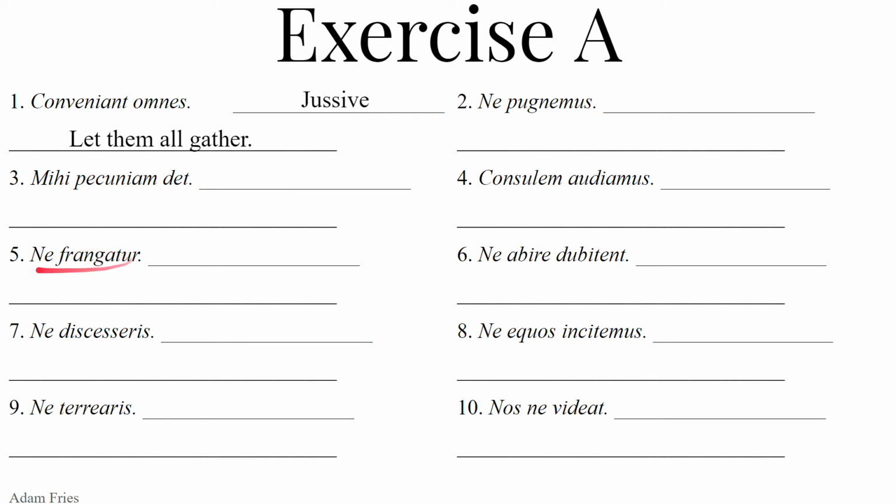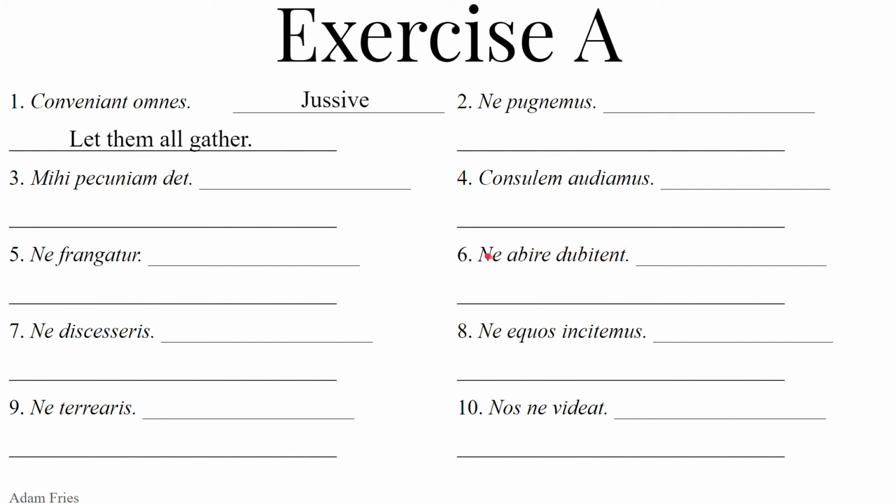Jussive subjunctive, because it's third person singular. Probably the subject is it. May it not be broken. You're not saying don't break it. You're wishing, willing it. A minor imperative, a minor command, more polite. May it not be broken. Please don't break that.